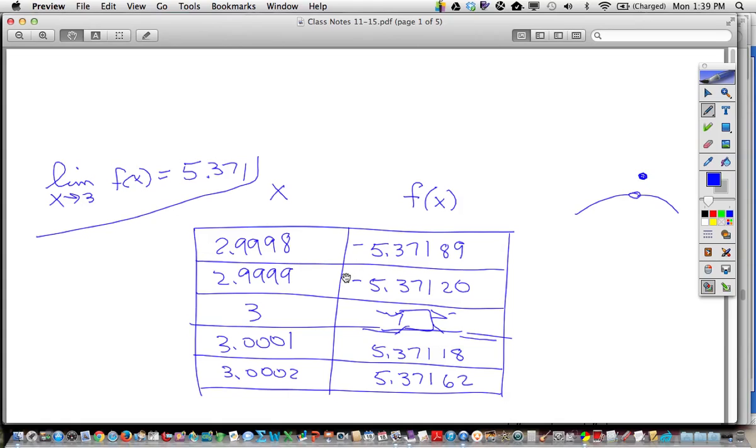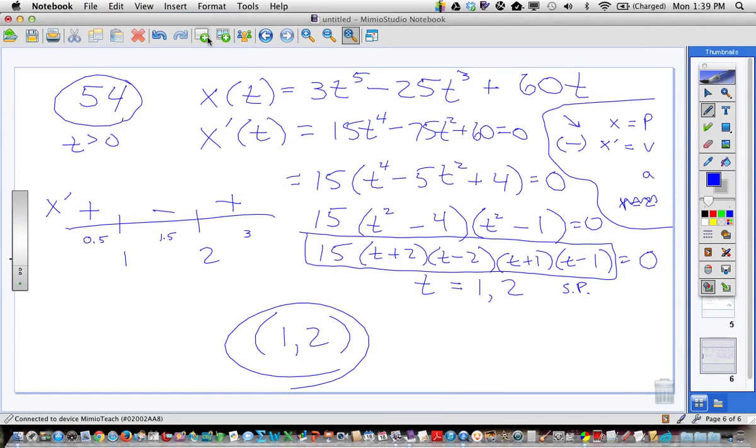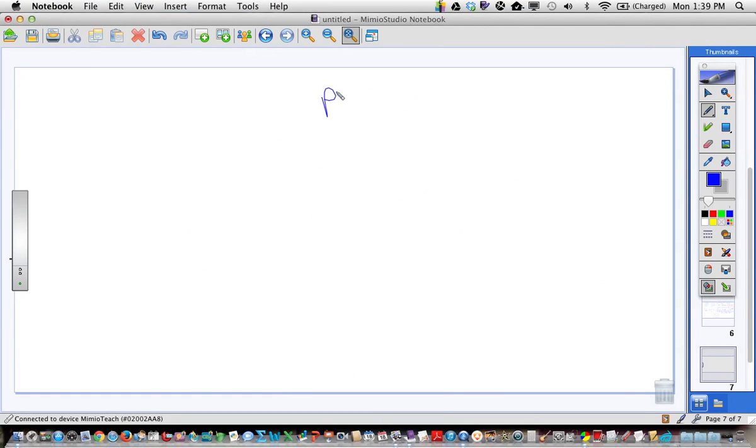I did see a few problems. I guess if you really wanted something new to do, I went back through the review section, which is on page 150 to 152, and I found a handful of problems that do have something to do with the quiz.